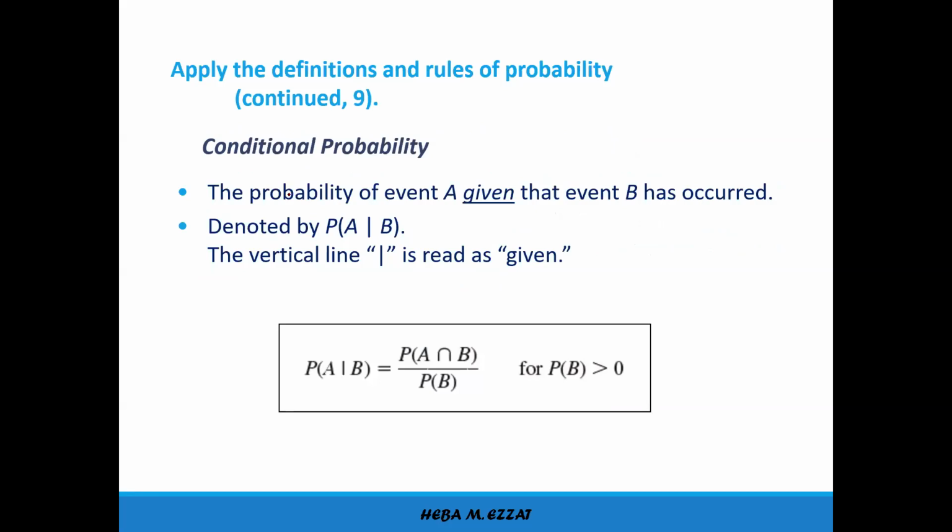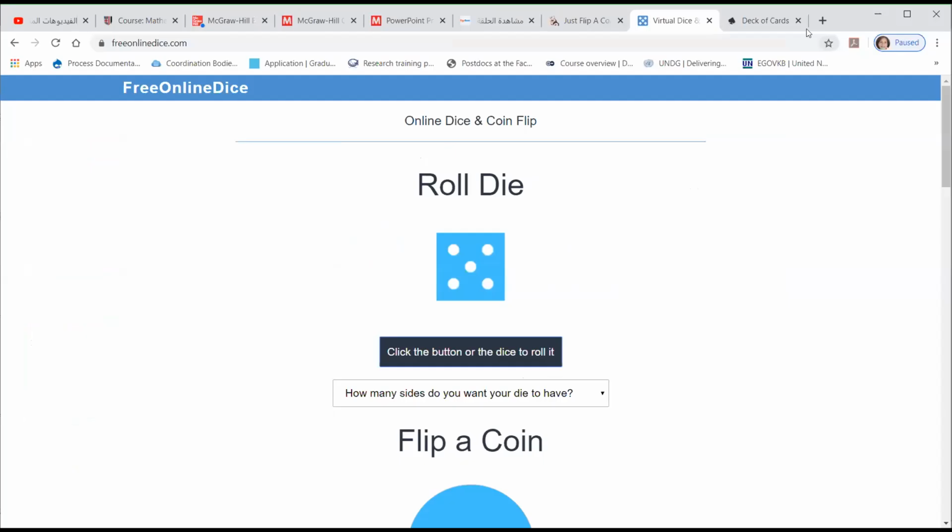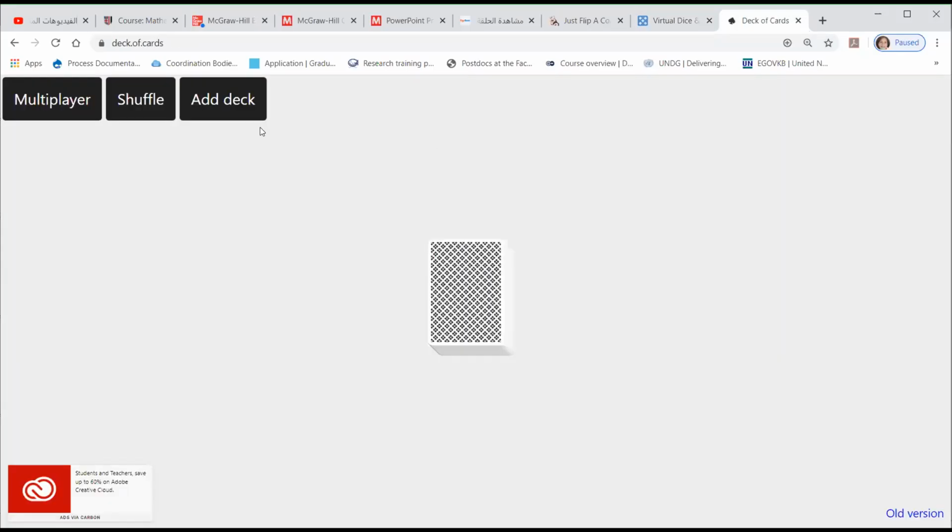So there is another very important probability definition known as the conditional probability. Okay. So what do we mean by conditional probability? Let me show you that. You see my screen, right, or not?